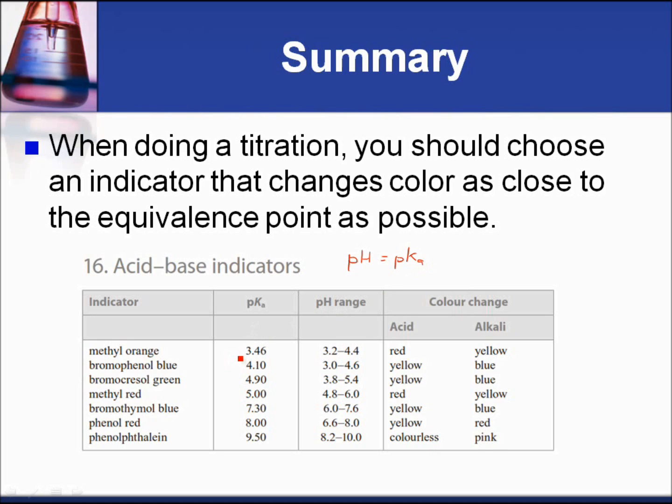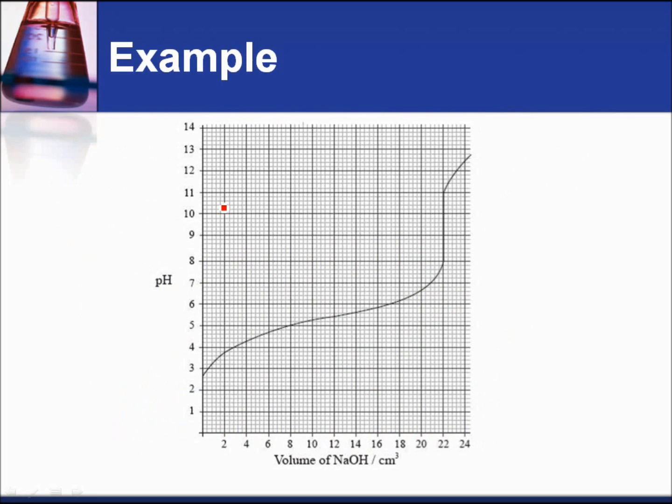So it depends on what you're titrating. For example, weak acid, strong base. It depends on which titration you're doing as to which indicator you use. So if we look at an example here, we've got a titration curve, and we have a weak acid, and we're titrating with a strong base.